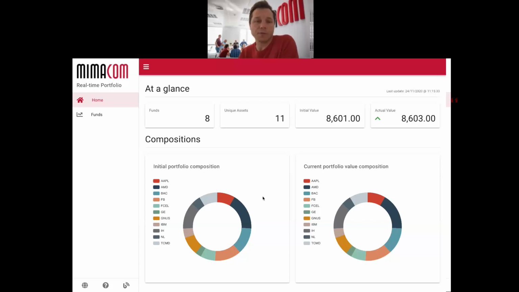On the left side, there is a portfolio composition. So the most has been invested in AMD, more than 17%, and not that much in NL. This is NL Engineering or some other company, only less than 5%. On the right side, you can see the current value composition of this fund.